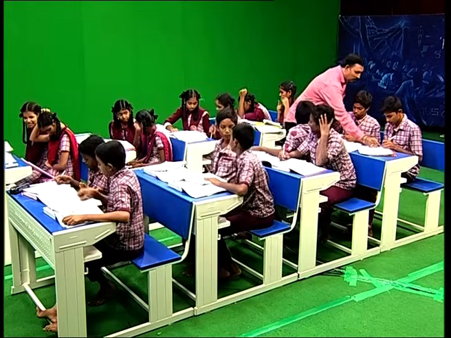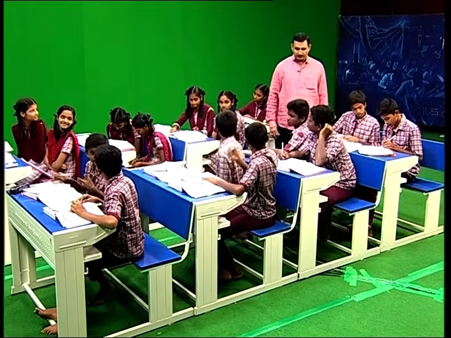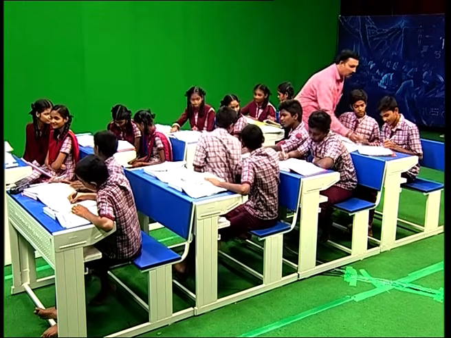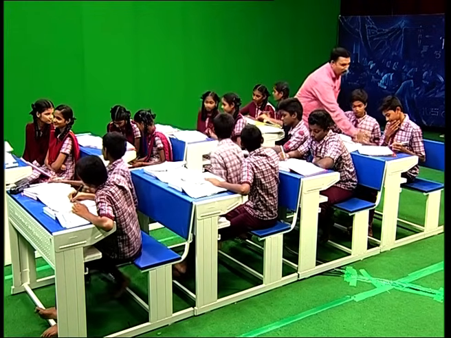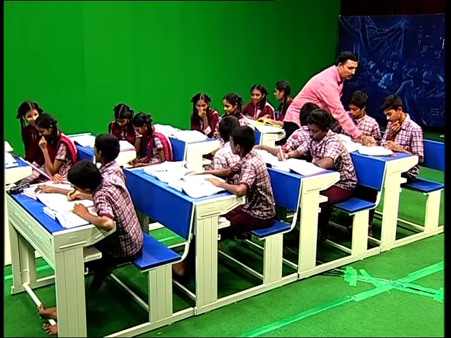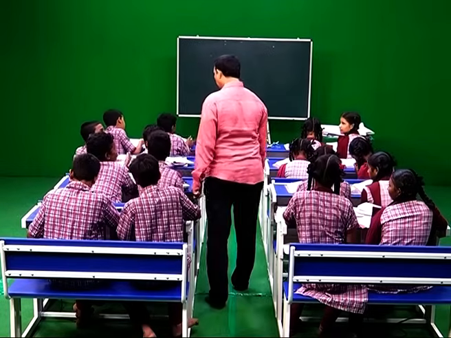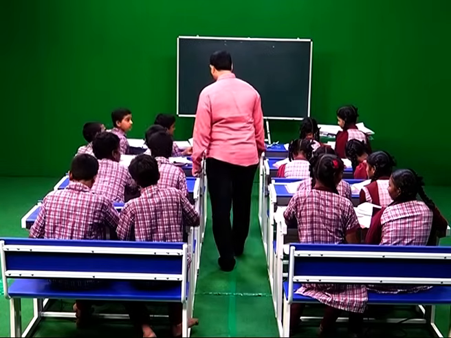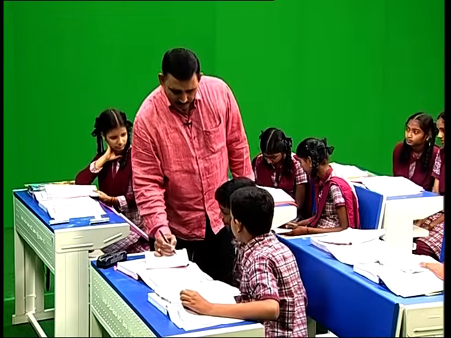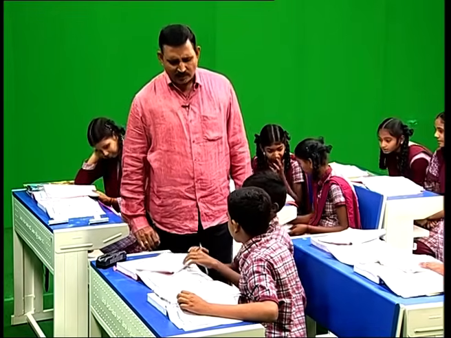So what did you get here? Prime numbers: 2 into 2 into 2. Write that. 16 is equal to 2 into 2 into 2 into 2. Is 6 a prime number? Can't you split it further? Don't you have factors for this?